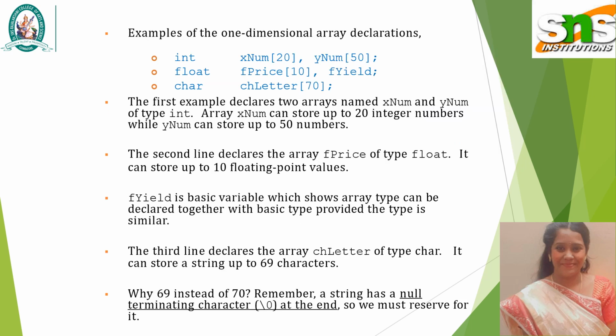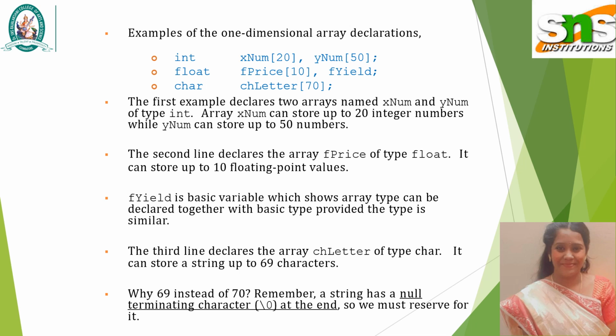Now the examples of one-dimensional arrays. The first example declares two arrays, x_num and y_num, of type integer. x_num has a size of 20, so the index runs from 0 to 19. y_num has a size of 50, which is 0 to 49. The character data type holds an array named ch_letter of size 70 that runs from 0 to 69.